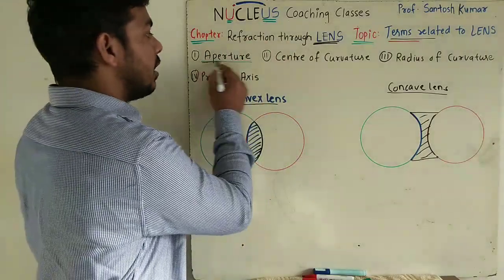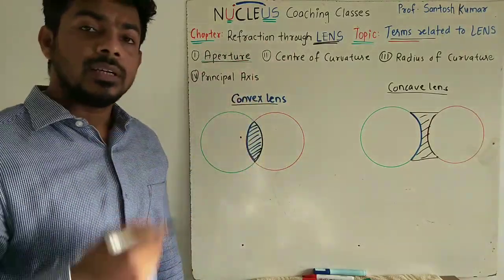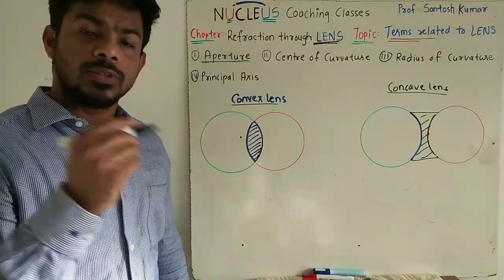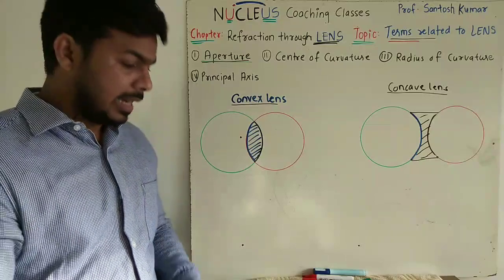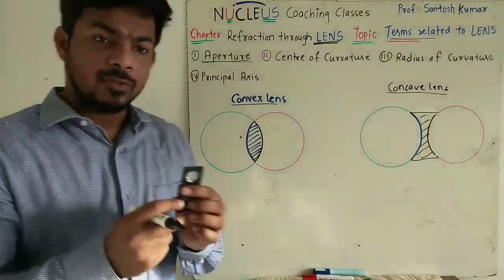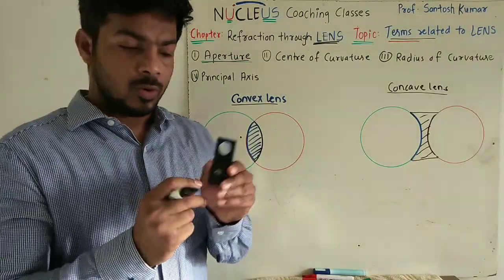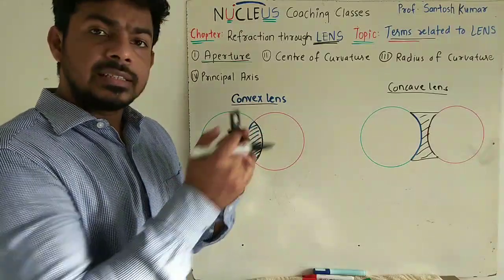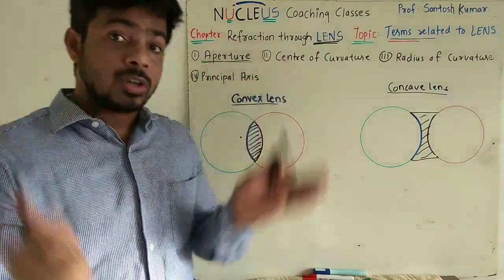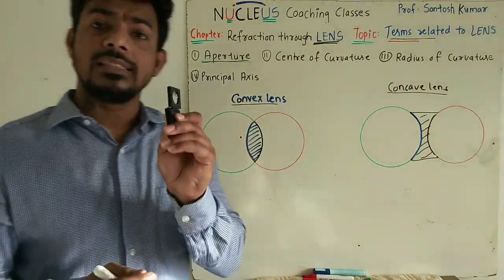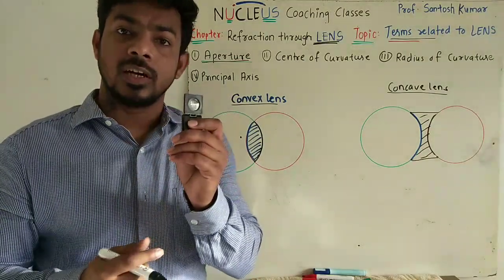So let's start with the aperture. Aperture is the effective surface of the lens through which refraction of light takes place. I'll give an example. I have a convex lens. Okay, so then definitely this lens will be a part of some imaginary sphere. We cannot see the entire sphere, but we can only see the lens and the curved surface.